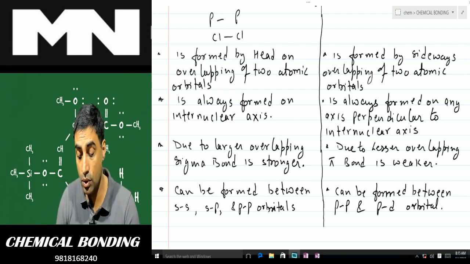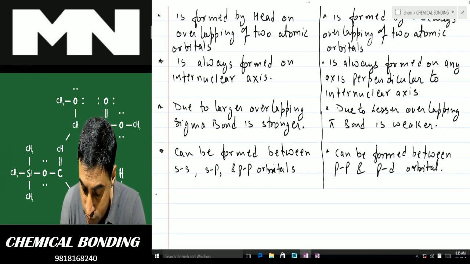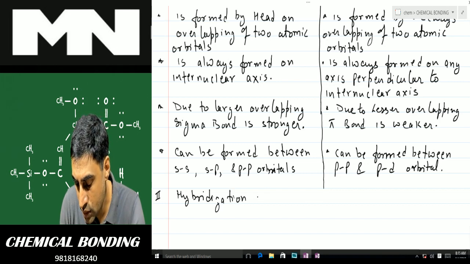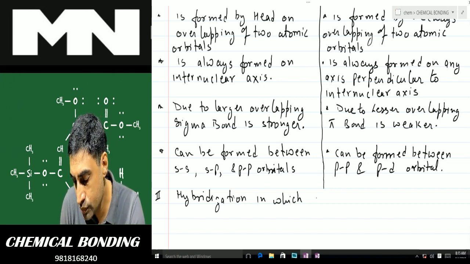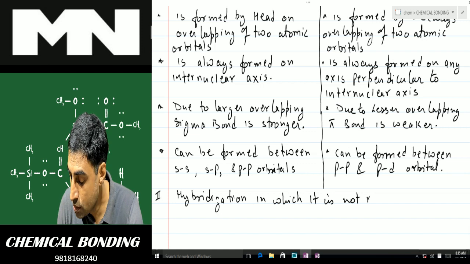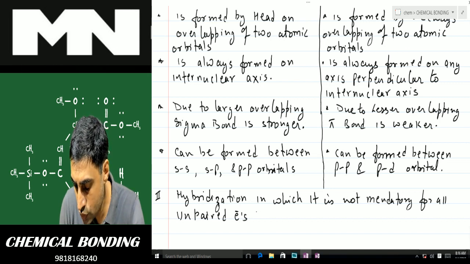So the second type of hybridization we'll see is hybridization in which it is not mandatory for all unpaired electrons to take part.